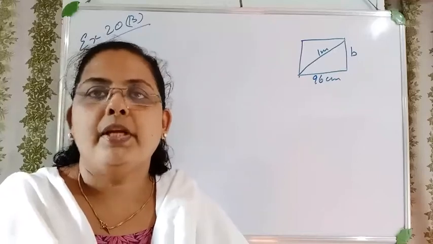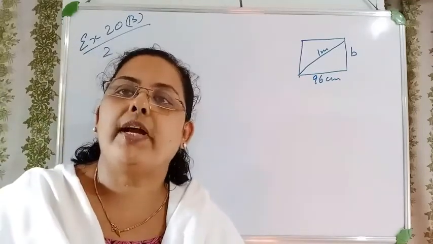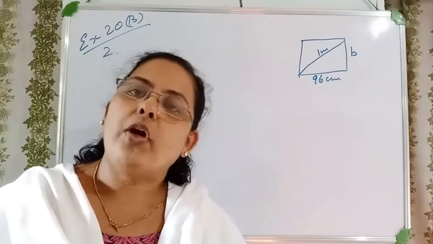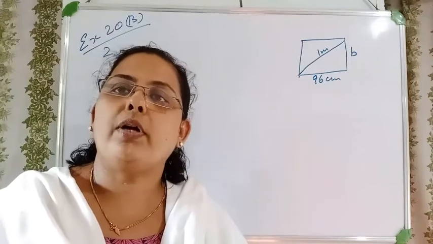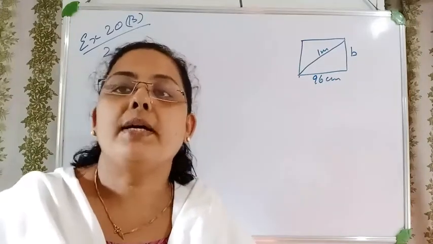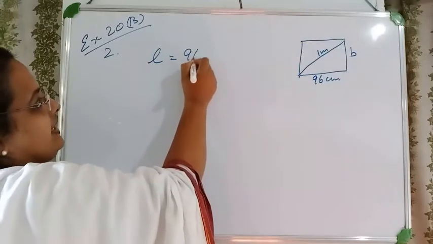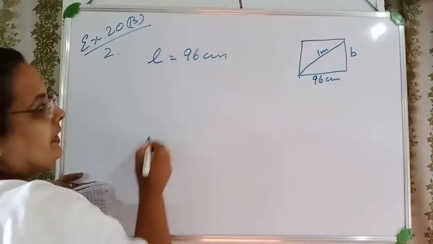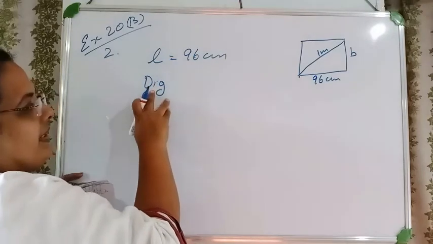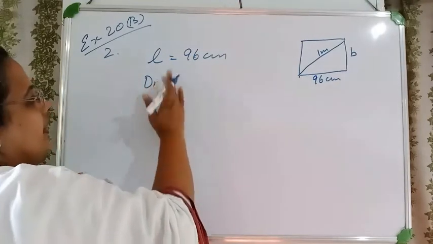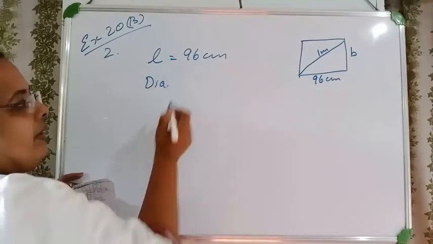Is it clear? So here the diagonal is given and the length is given. You have to find the breadth. We already studied that diagonal is equal to square root of length square plus breadth square. Length is equal to 96 centimeters. Diagonal, instead of writing in full, I am just writing DIA with a dot.